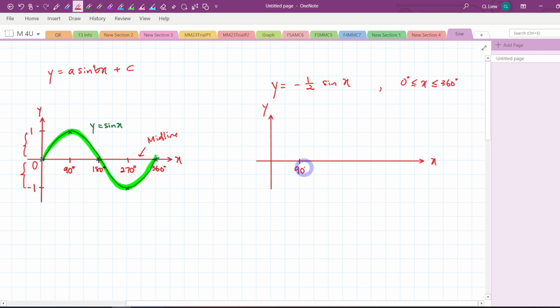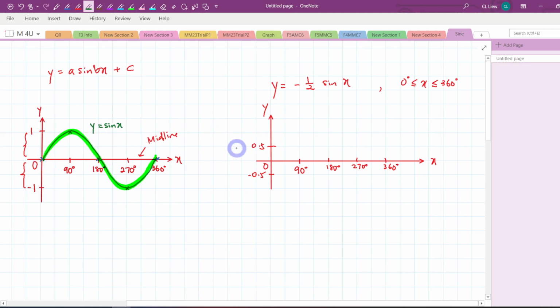So this is 90, and then this is 180, 270, and the last one is 360. So this is the origin. 0.5 over here, negative 0.5 over here. Once we have labeled all the y-axis and x-axis, then we can plot this graph easily.